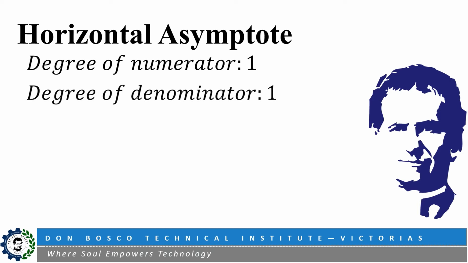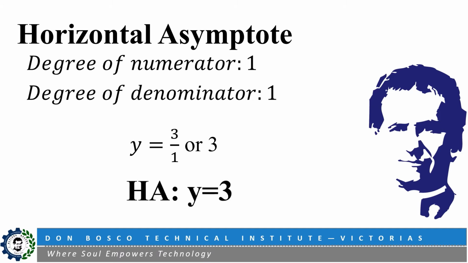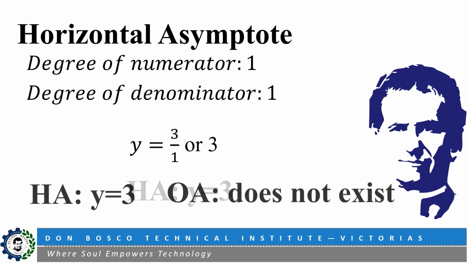Since we have equal degrees, y is equal to the numerical coefficient of the term having the x variable. That means 3 over 1, or simply 3. So our horizontal asymptote is y is equal to positive 3. And of course, our oblique asymptote does not exist.